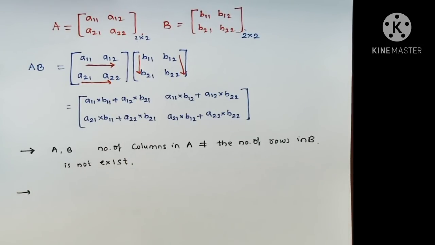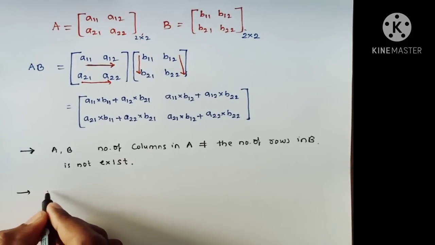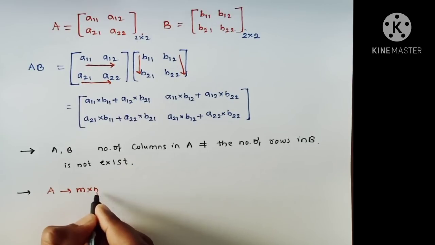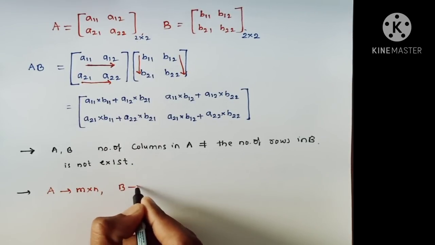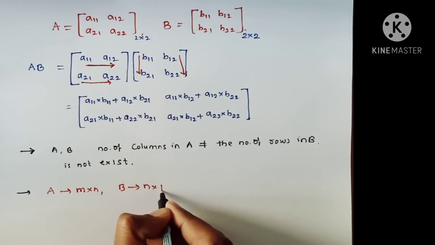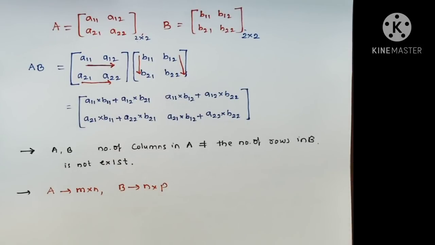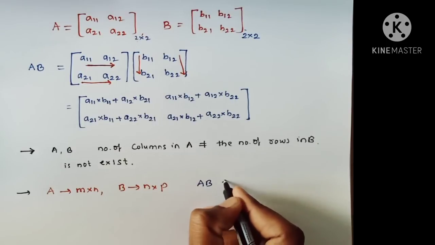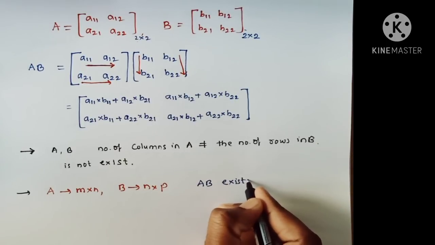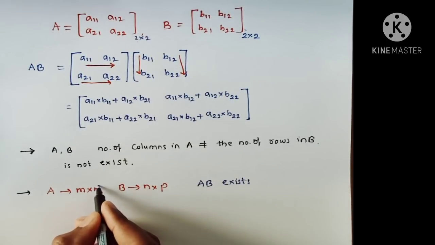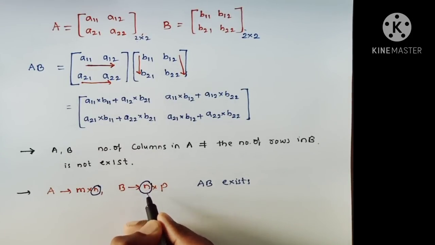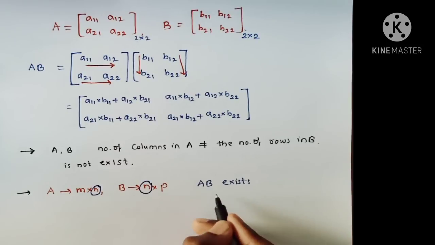And one more. Let us consider A is a matrix of order m by n and B is a matrix of order n by p. Then the product AB exists, because the number of columns of the first matrix is equal to the number of rows of the second matrix.